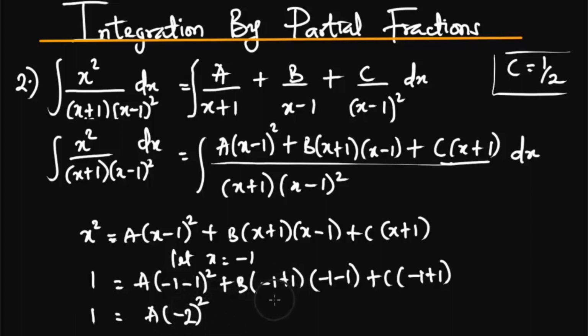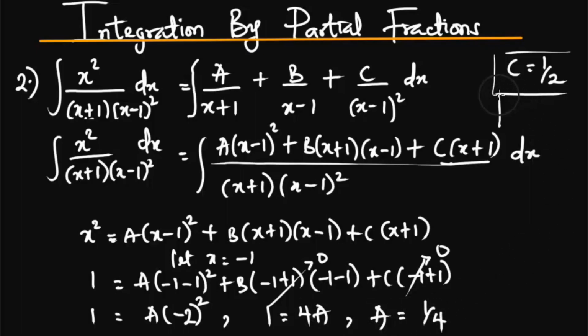And this becomes 0, since minus 1 plus 1 is 0, so this also becomes 0. And so we can say that 1 equals 4A, since minus 2 squared is 4. And so A equals 1 over 4. So I'm writing here, A equals 1 over 4.